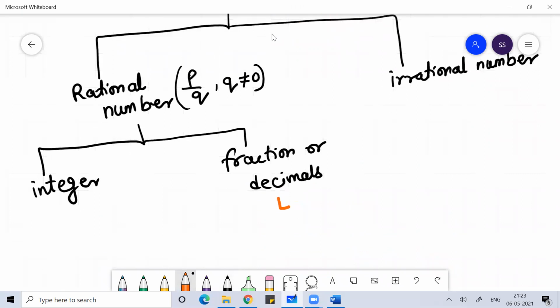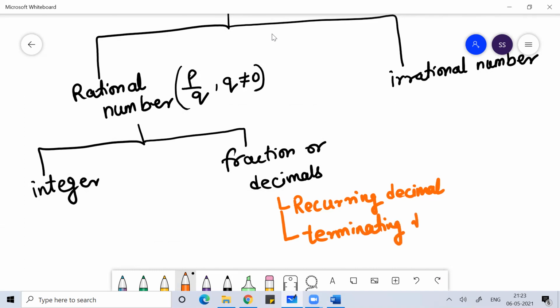If you find the value of a fraction, it should be either a recurring decimal or a terminating decimal.